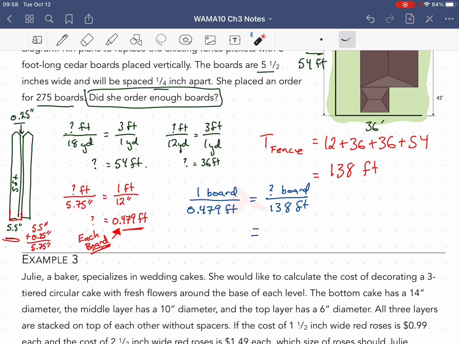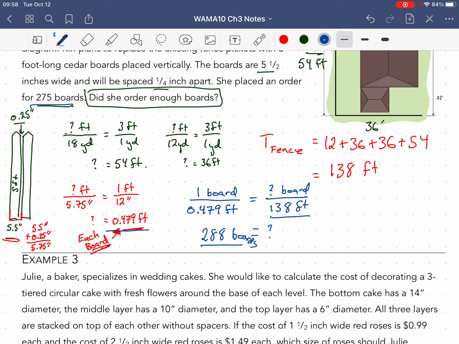So we're going to take 138 times 1 divided by 0.479. 288 boards. So our question mark is equal to 288 boards. So if each board takes up 0.479 feet, and there are 138 feet of fence, she needs 288 boards to finish off her fence.